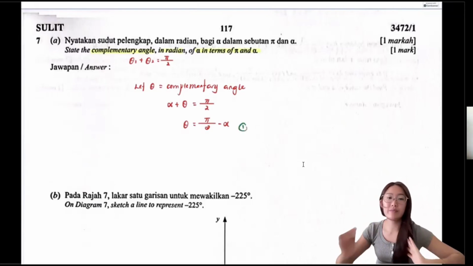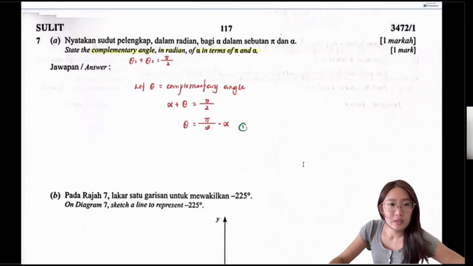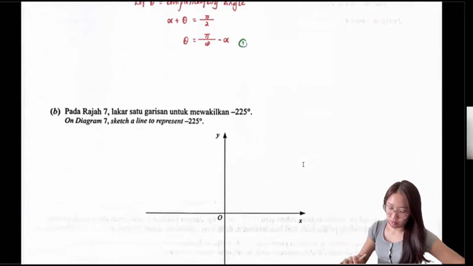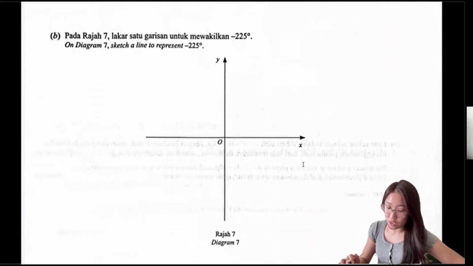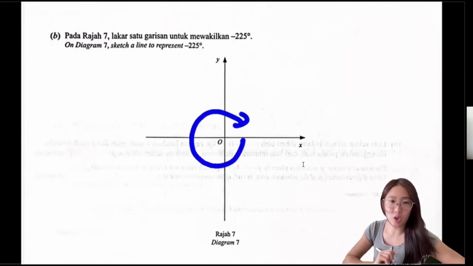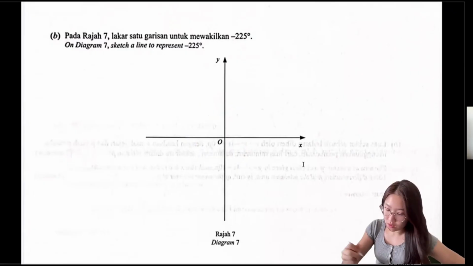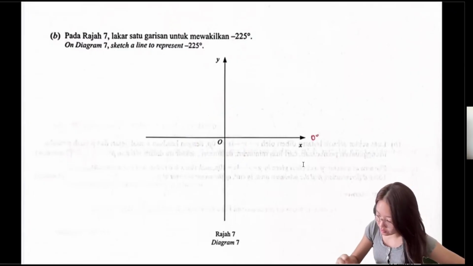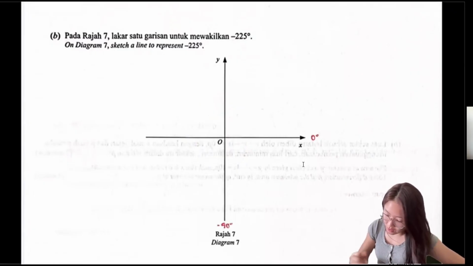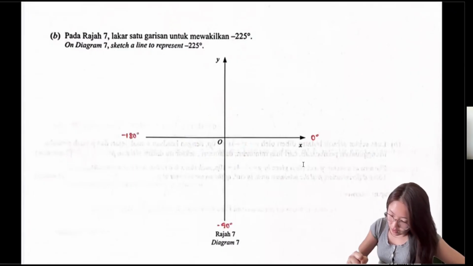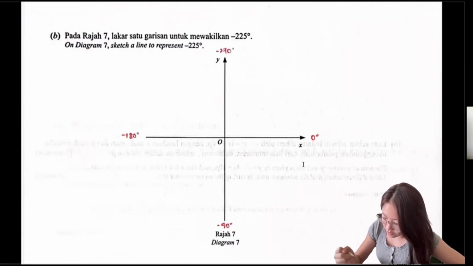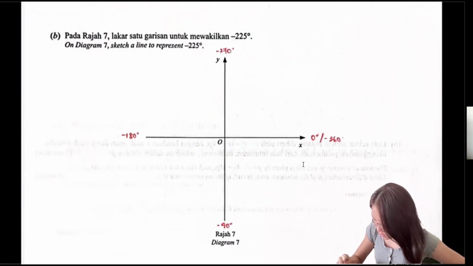They say in radians. Then next one. On diagram 7, sketch a line to represent a negative angle. Negative angle, you're going to turn in the clockwise direction. So here is 0. This is negative 90, negative 180, negative 270, and come back here, negative 360.